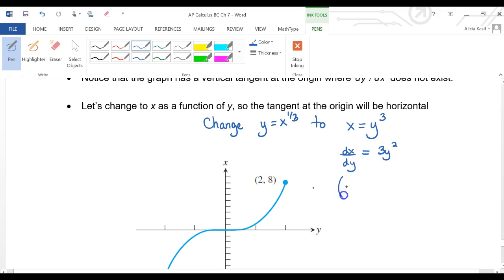So then if I square that, I get 9y to the fourth. So now for the length of my curve, what are the bounds going to be? Isn't it negative 2 to 2? Yeah, because we changed everything to y, using the y. And then we do the integral of the square root of 1 plus 9y to the fourth dy.